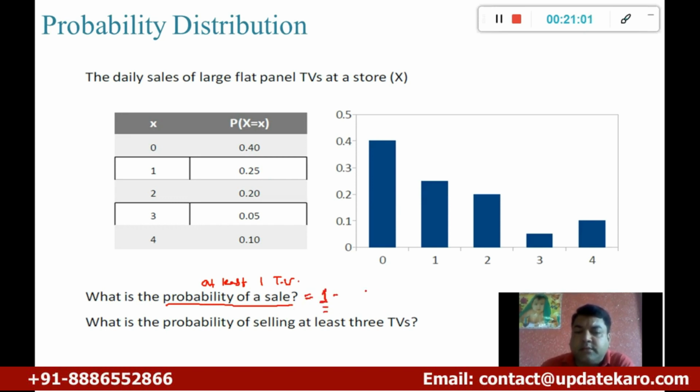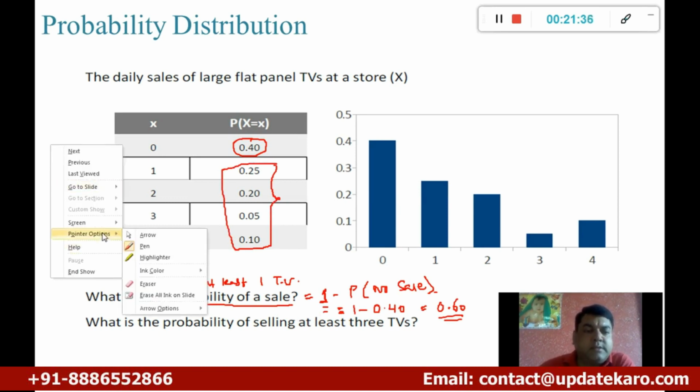So 1 minus the probability of no sale, which is equal to 1 minus, what is the probability of no sale? 0.40, which means it is 0.60. So there is a 60% chance that a sale happens, which is nothing but the addition of all these values.